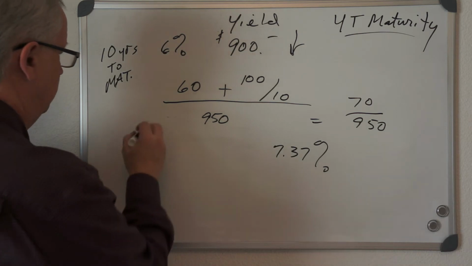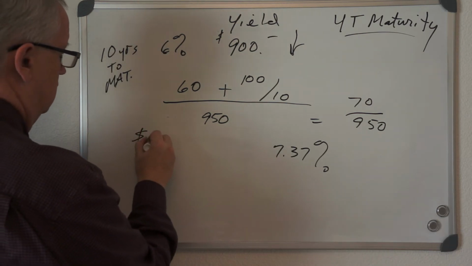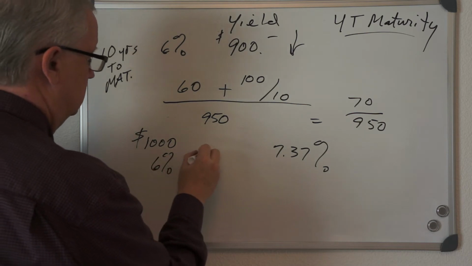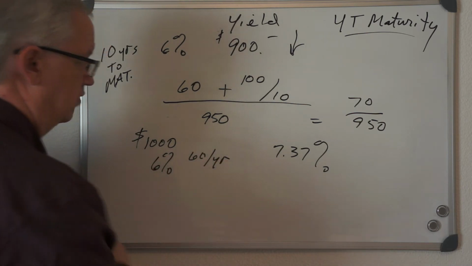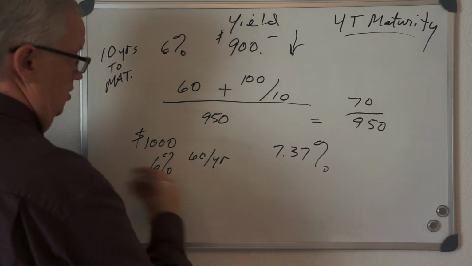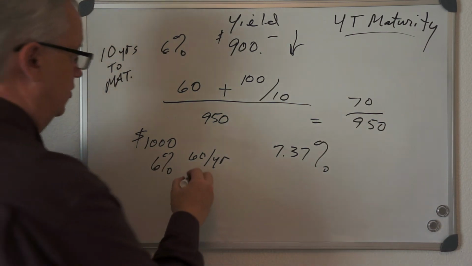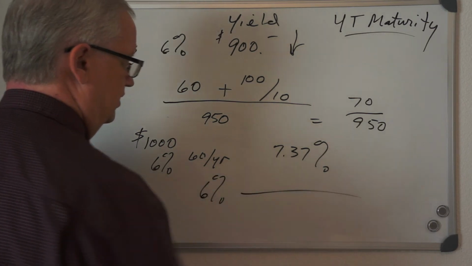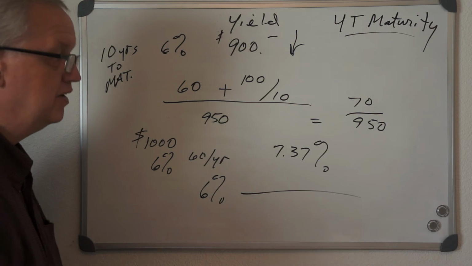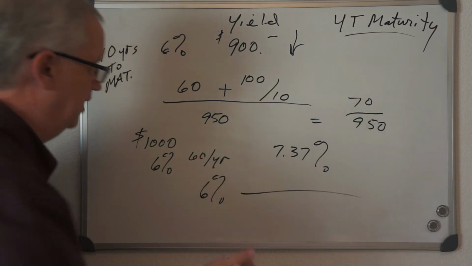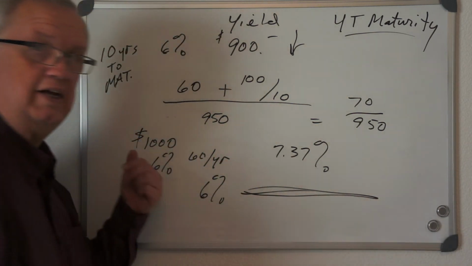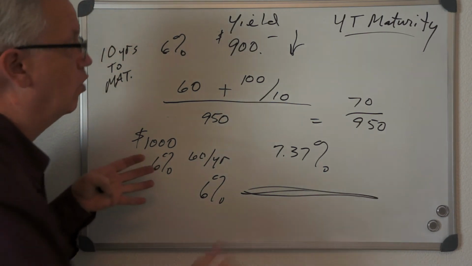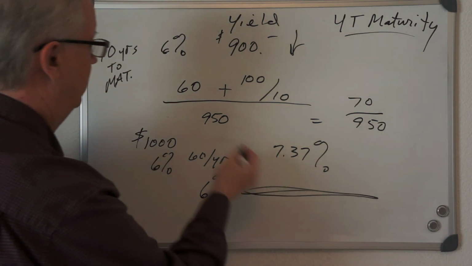Somebody who buys a bond at $1,000, 6%, they're going to get $60 a year, every year and forever. So, what's their yield? 6% always. Doesn't matter if the interest rates go down or up. It's going to be 6% to the buyer who bought it at this rate, as long as they hold it to maturity.